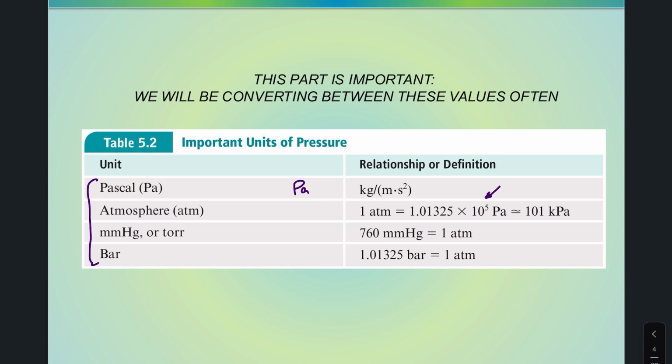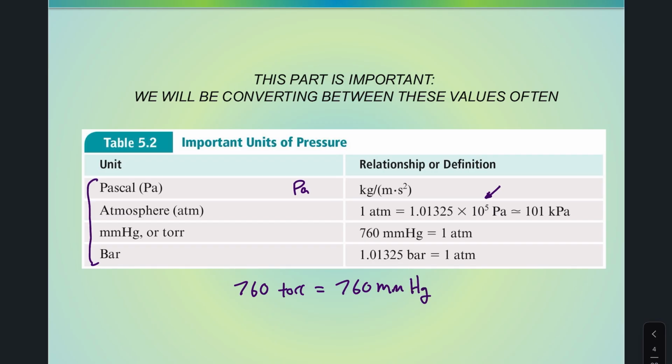So likely, if we're measuring something, we're going to measure it in kilopascals or atmospheres. There's also millimeters of mercury. We'll get into why it's called millimeters of mercury in just a moment. But this is the same value as torr. So if you see 760 torr, that is equal to 760 millimeters of mercury.